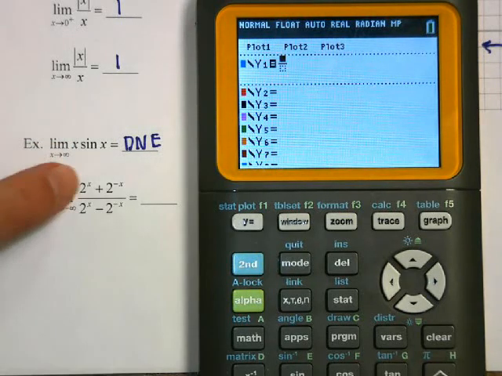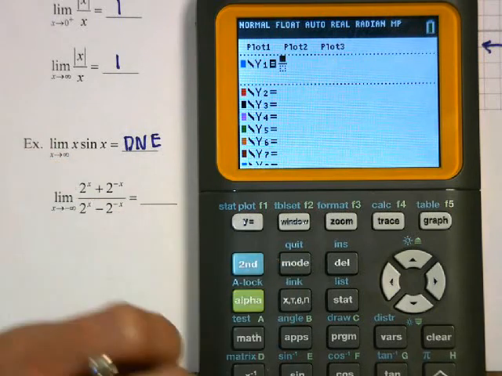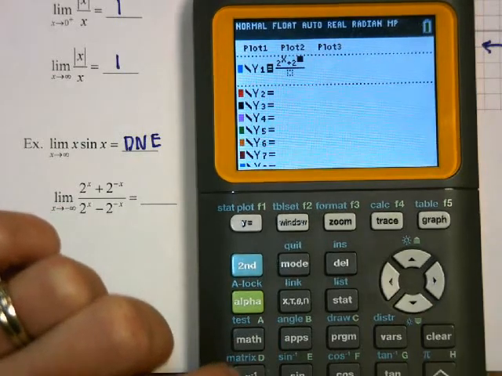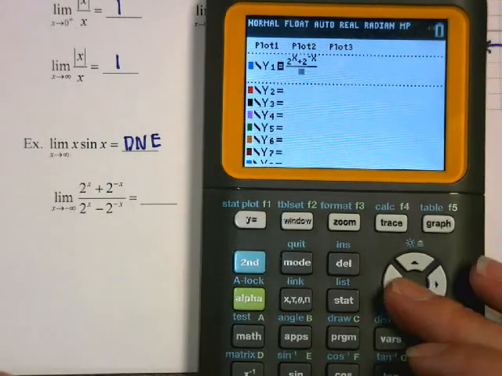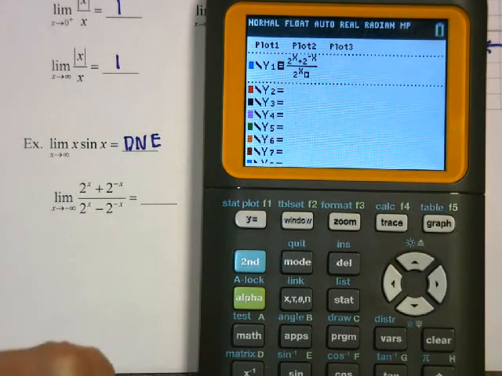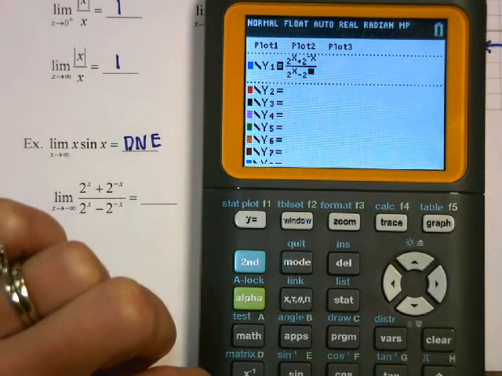If you don't, then you're just going to have to put the top in parentheses and the bottom in parentheses. So this is going to be 2 to the x plus 2 to the negative x, all over 2 to the x minus 2 to the negative x.